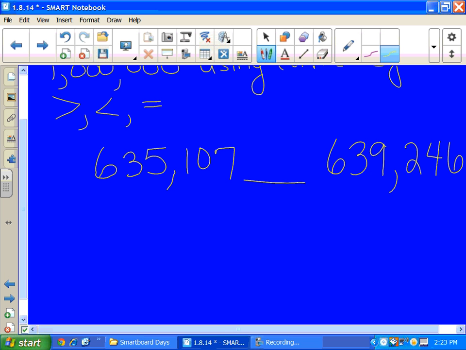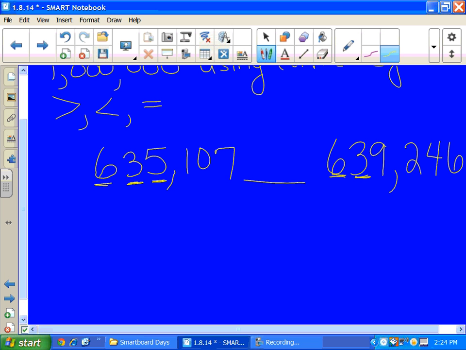We start with the greatest place value, which is always to the left. The greatest place value in each of these is the hundred thousands. So they each have the same number of hundred thousands, so we cannot determine yet. We go to the next largest place value, which is the 10,000s. They each have three 10,000s, so they're both the same. We cannot determine it yet.